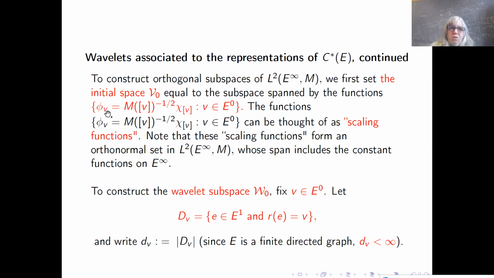So we have unit vectors here. We divide by the square root of the measure for each vertex times the characteristic function of the cylinder set corresponding to the vertex. You will have cardinality of E0 many of these functions, and they span your V0 set. So they're the so-called scaling functions.